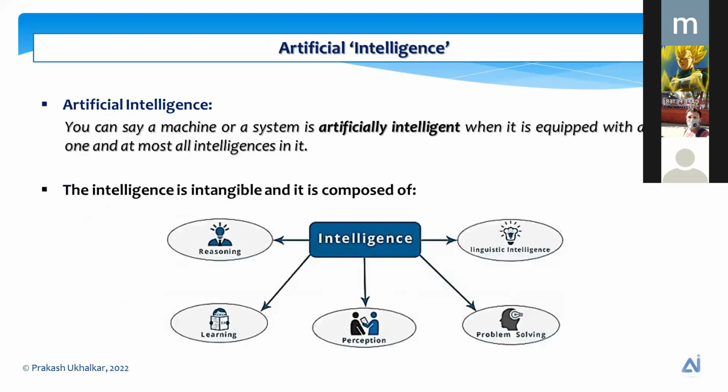Let's move on. Now, what is artificial intelligence in the true sense? So you can say a machine or system is artificially intelligent when it is equipped with at least one and at most all the intelligences.